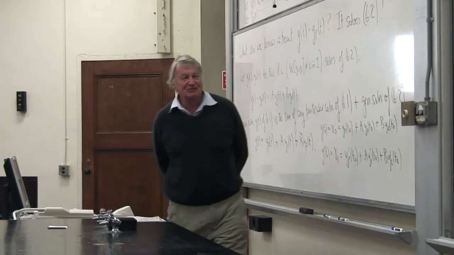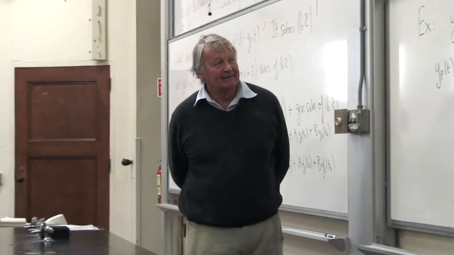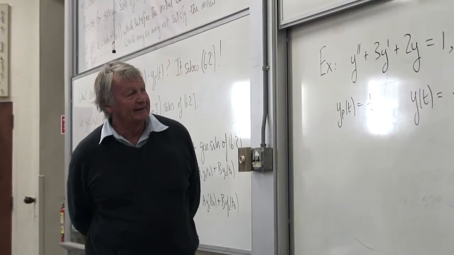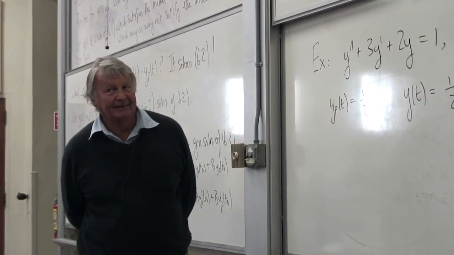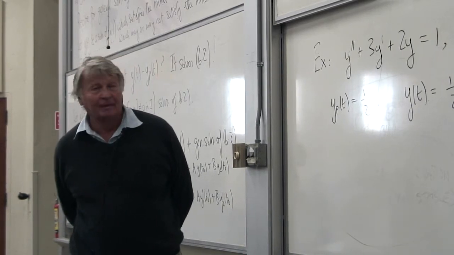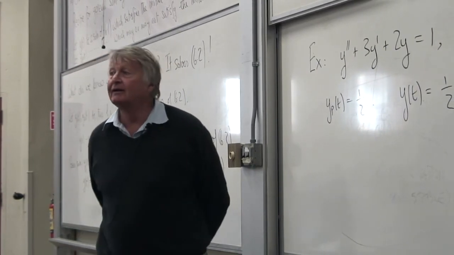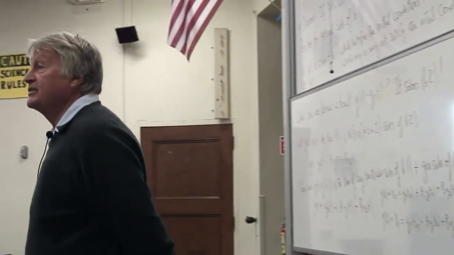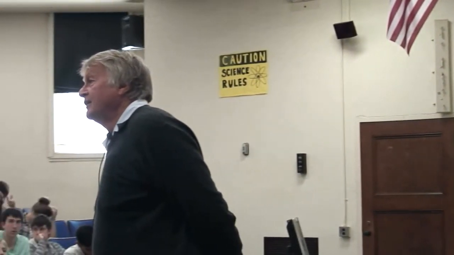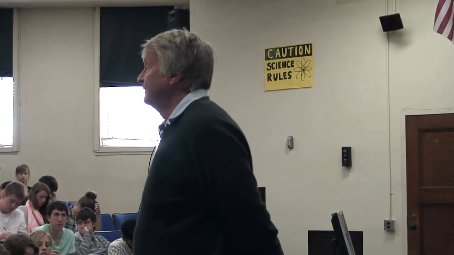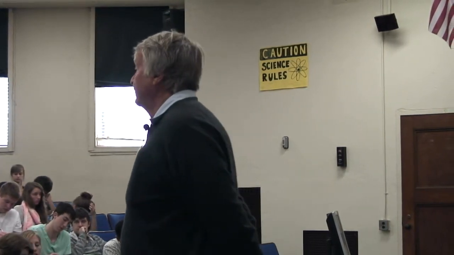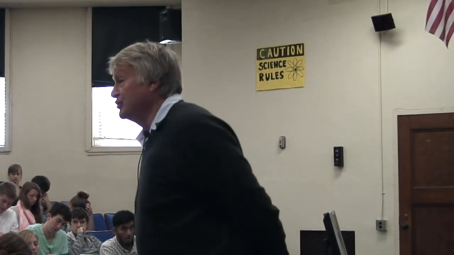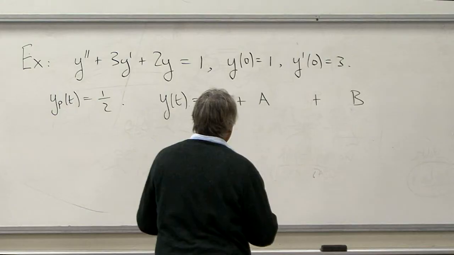What's the general solution? You're correct in the first one. E to the minus t is one solution. What's the second one? E to the minus 2t.